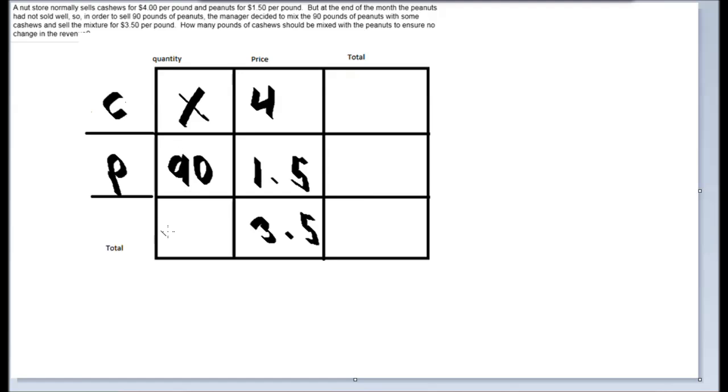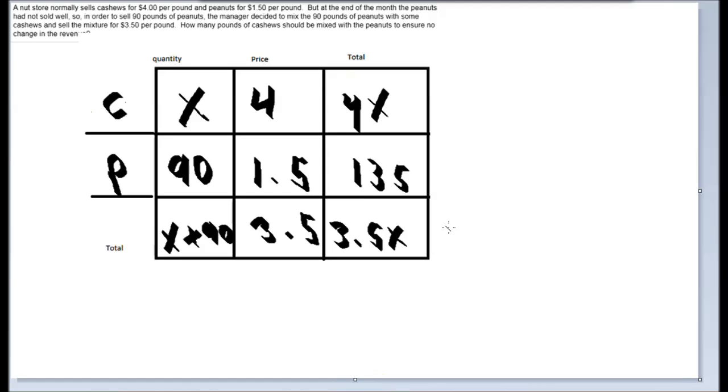So what we have down here for the total is actually going to be x plus 90. And up here we'll have x times 4, or 4x. And here 1.5 times 90, that's going to be 135. And then down here we have 3.5 times x, so 3.5x.